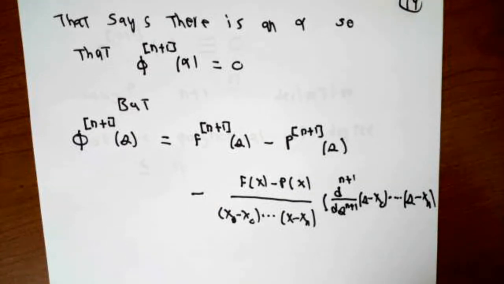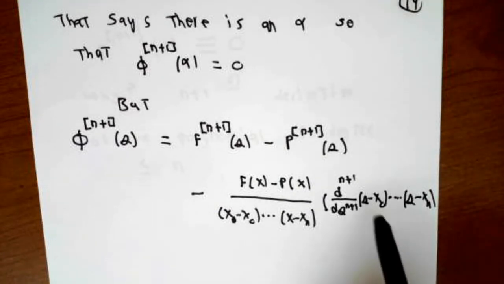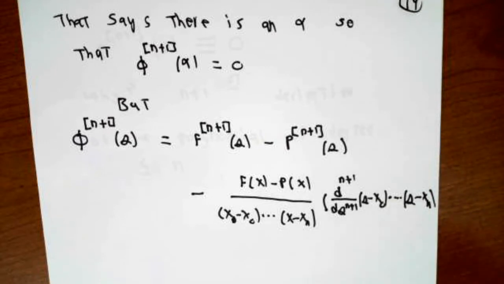It's worth mentioning in this product here, if I started calculating with index 1, I'd have s minus x1, s minus x2, out to s minus xn. That would be n factors, but then you also have the s minus x0. So that's the n plus first factor.